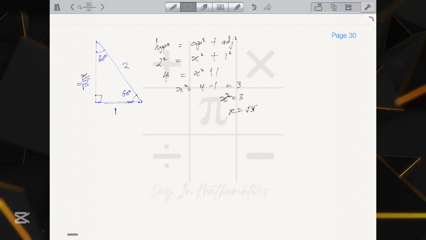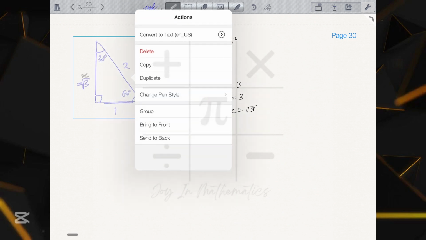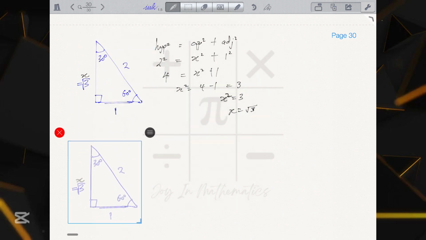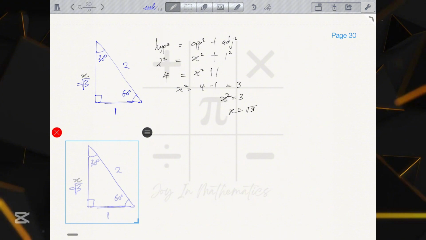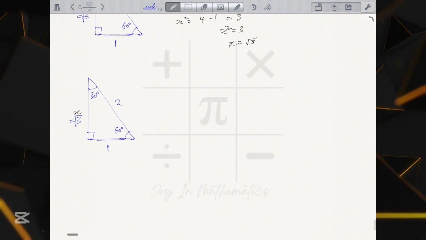Now with this, we can duplicate what we have here and then find an expression for sine 30 degrees, cos 30 degrees, and tan 30 degrees, and likewise the same for tan 60 degrees, cos 60 degrees, and sine 60 degrees. So let's begin with 30 degrees.